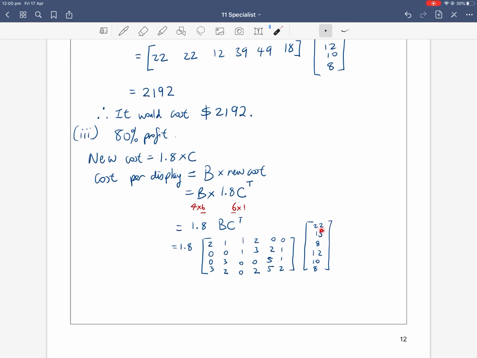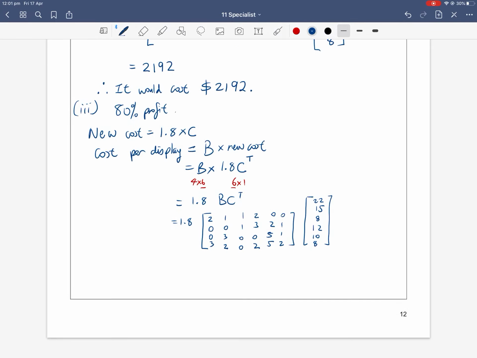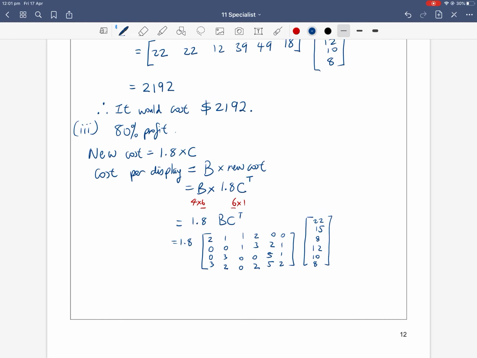And then row by column means I have to add on 1 times 15, which gives me the cost of camellias in a patio, plus 1 times 8, which is the total cost of geraniums in a patio, plus 2 times 12, which is the total cost of hanging plants in a patio. So yes, it does make sense to go row by column for each of your venues.